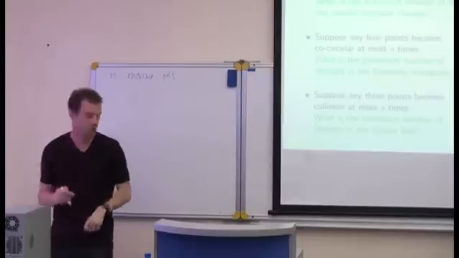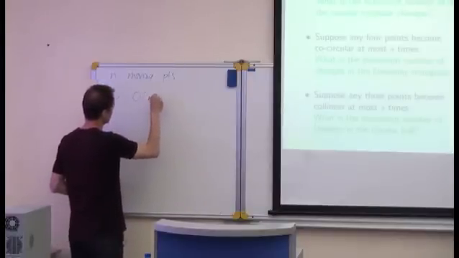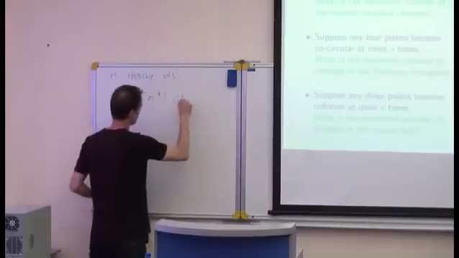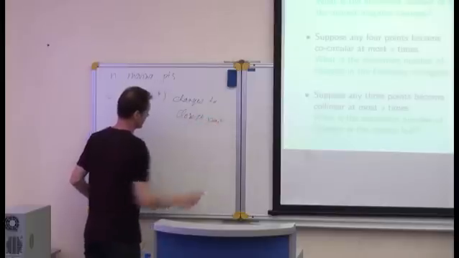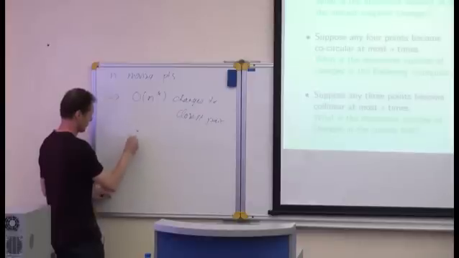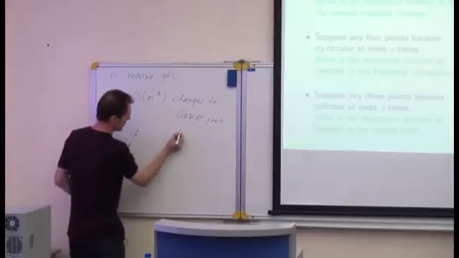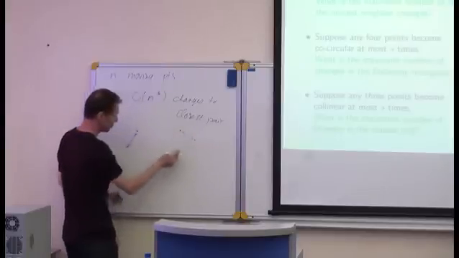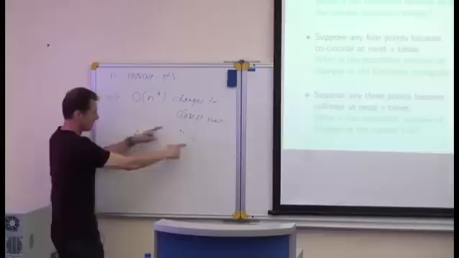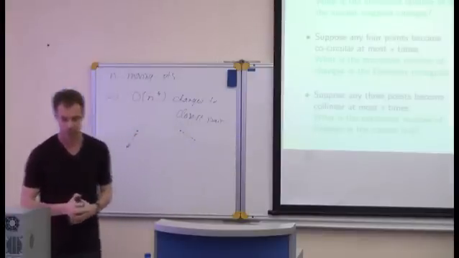So the naive bound is that you get O of n to the 4 changes to the closest pair. Maybe this used to be the closest pair, and now this becomes the closest pair, so there are 4 points involved. You can choose them in n to the power 4 different ways.